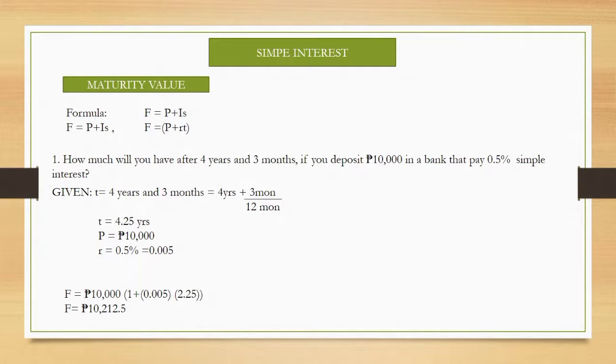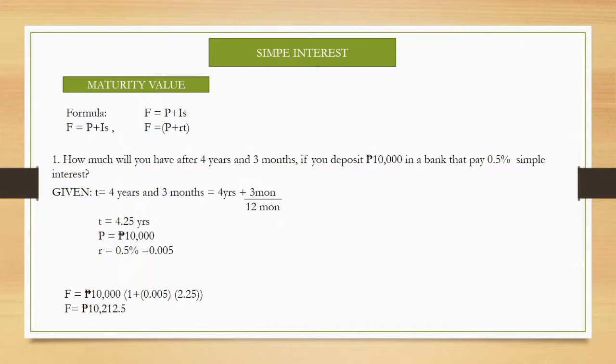To get the decimal, we divide it by 100. So 0.5 divided by 100 is equals to 0.005. So the future value is equals to 10,000 multiplied by 1 plus 0.005 multiplied by 4.25.